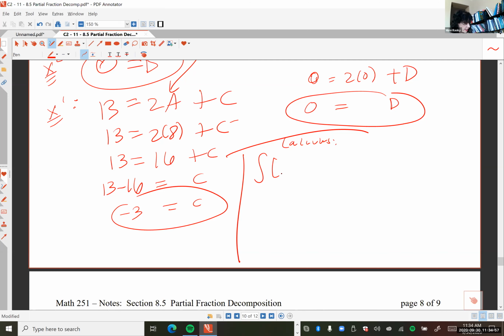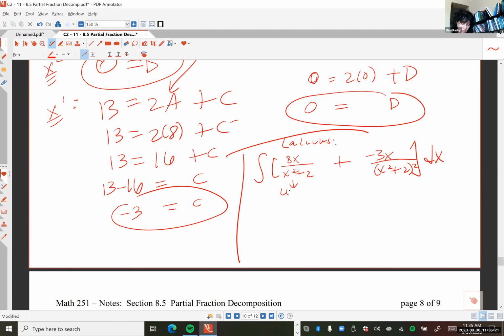What did we get for A again? 8. So you have 8x over x squared plus 2 plus cx plus d, but remember d was also 0, and c was -3, and this denominator was x squared plus 2 squared. And now, do you know how to integrate? Because this is where the calculus takes place.